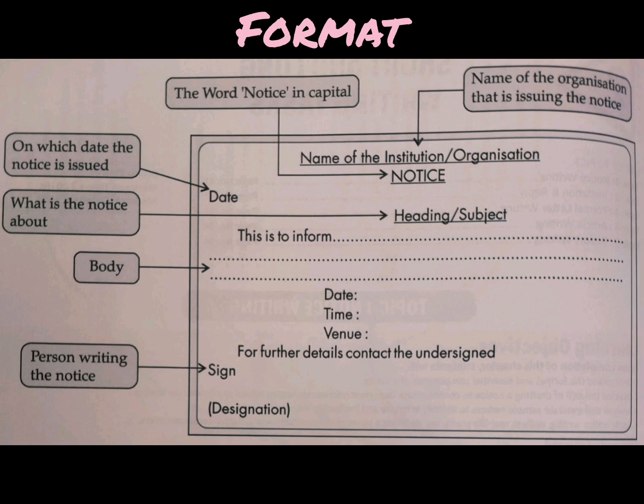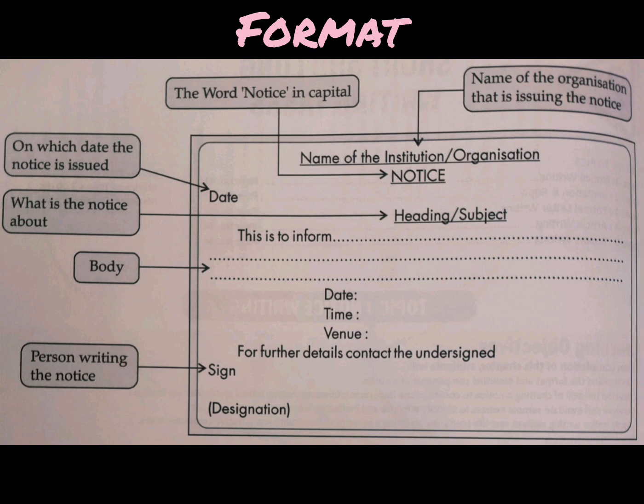Here is the format or the structure of notice writing. At first you have to write the name of the institution or the organization, then the word notice in capital letters. Then on the left hand side you have to mention the date on which the notice is issued. Then you have to write the topic or the heading of the notice in the middle of the box.